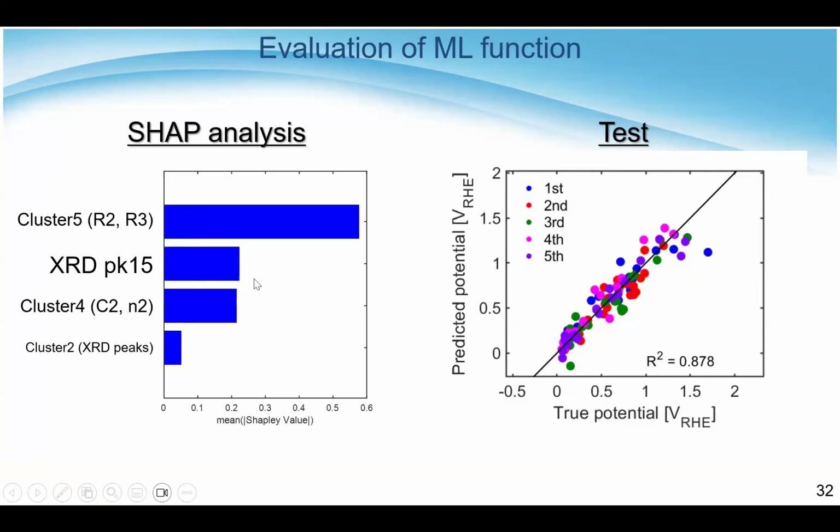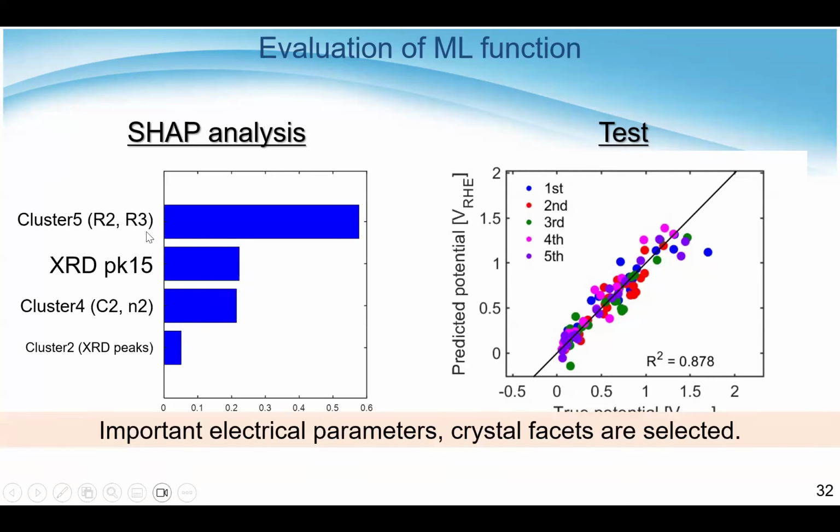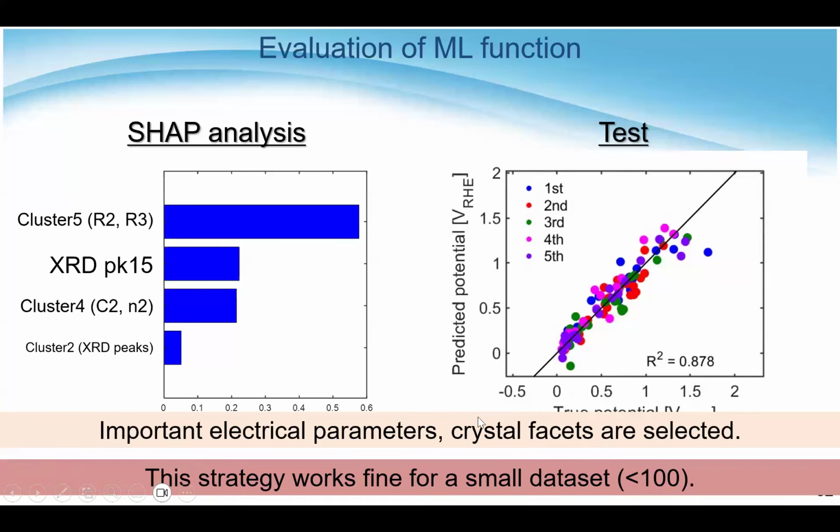And then we can do the SHAP analysis, and we can know how important each of the parameters is to predict the performance, and we can identify the important electrical parameters and then crystal facets. So this strategy works very well, even for a small data set.